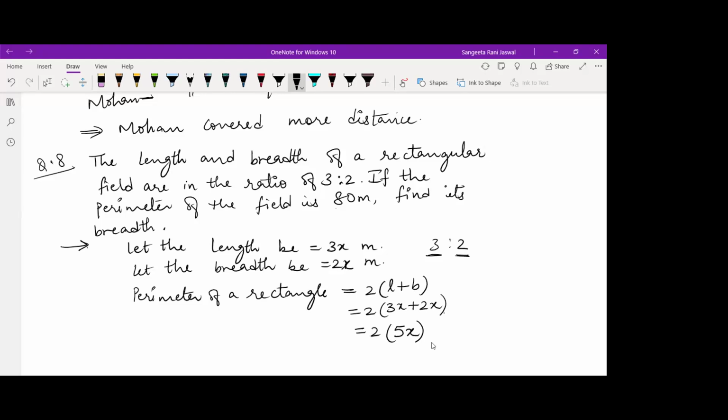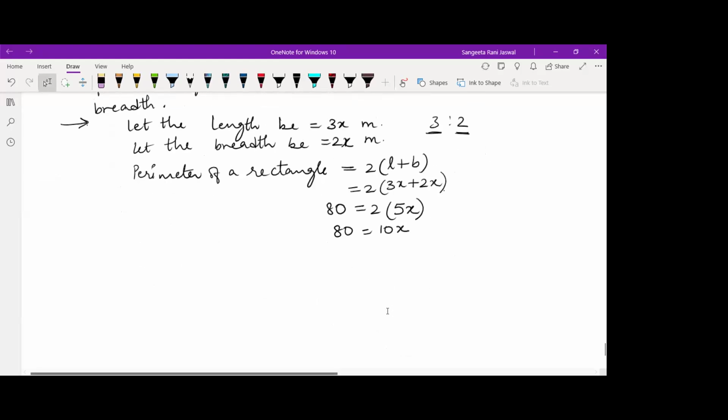Perimeter is already given to us. This is 80 meters, so in place of perimeter I can write 80 here. And 2 into 5 will give me 10, so 10x will be 80. From here, I can get the value of x.